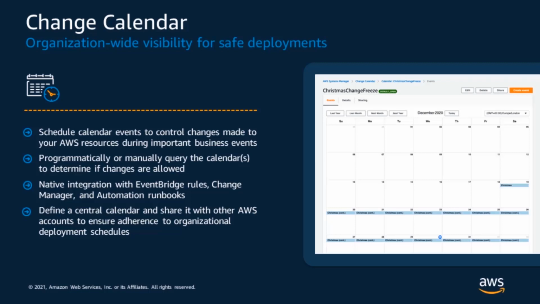And the good thing about change calendar is that it lets you set up dates, times, and ranges when actions that you specify, for example, in Systems Manager automation documents, may or may not be performed in your AWS account. So let's say you know that at the very end of the month, you run all your financials, no changes are to be made, or the Christmas freeze that everyone likes to do, no change being made around Christmas.